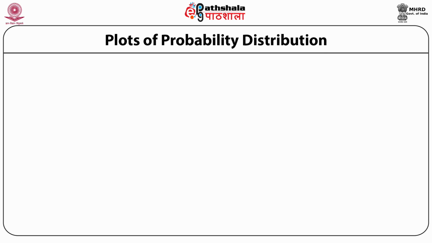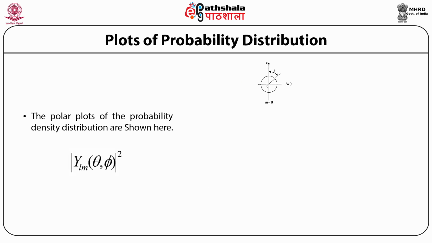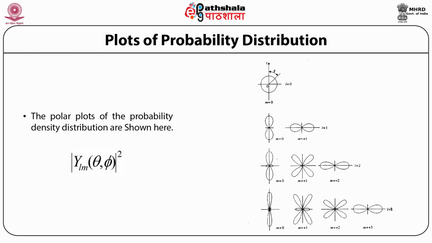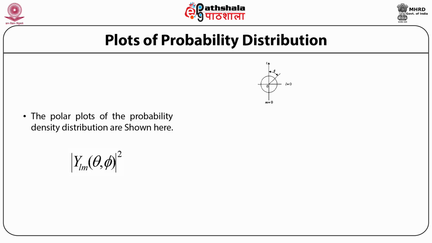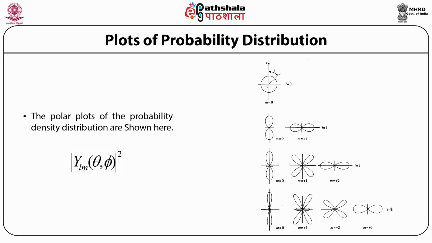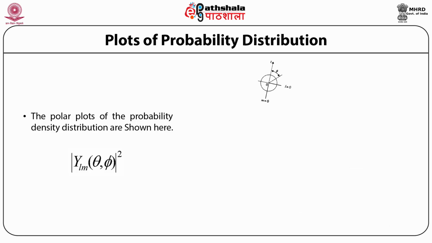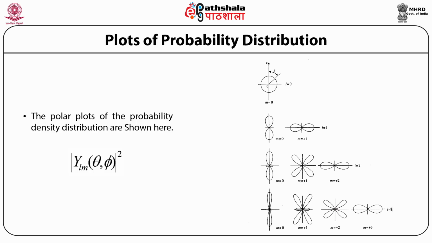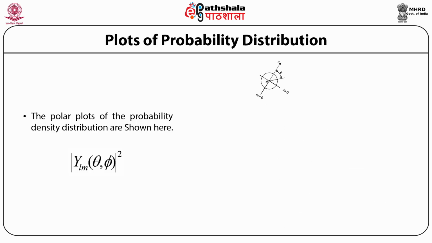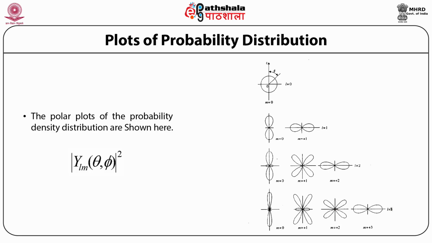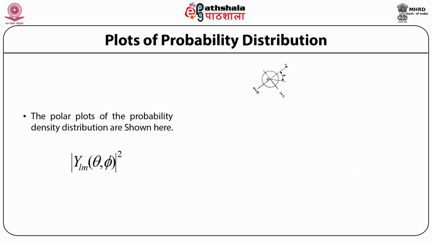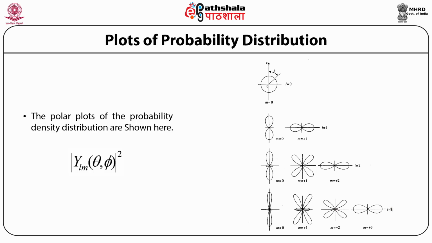Plots of probability distribution. The polar plots of the probability density distribution function, that is the square of the modulus of Y_lm(theta, phi), can be seen for different values of m and L, where m is the magnetic orbital angular momentum number and L is the orbital angular momentum number.